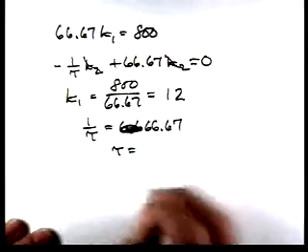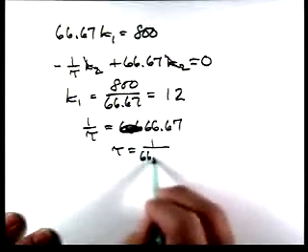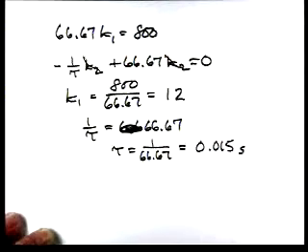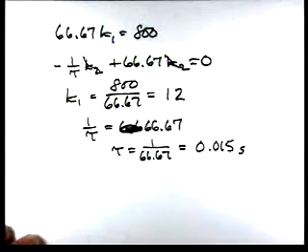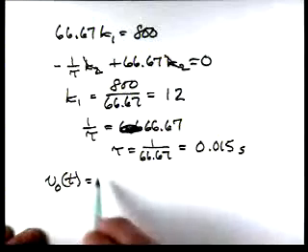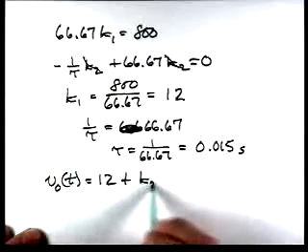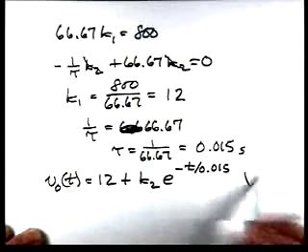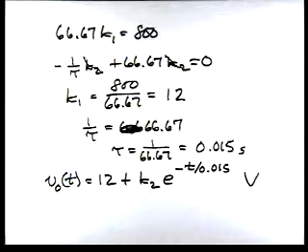So then tau is 1 over 66.67, or 0.015 seconds. So now we know that V0 of t is 12 plus K2 e to the minus t divided by 0.015. And we still need to calculate K2.